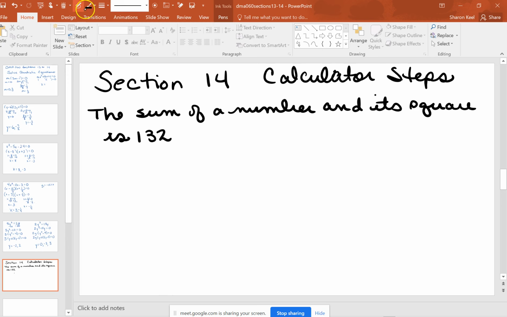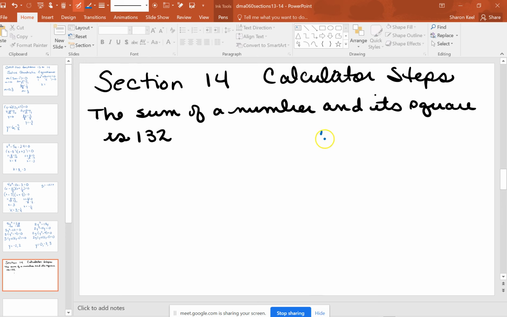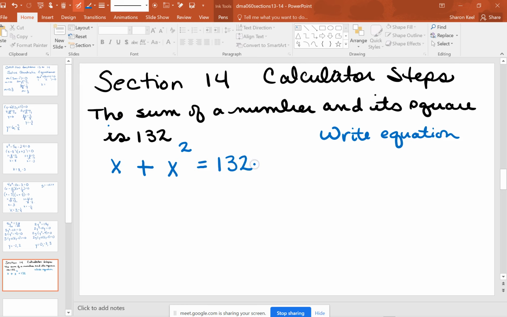So when we have one of these word problems, the first thing we're going to do is write an equation. The sum means we're going to add something. We're going to find the sum of a number and its square. So the number is x. Its square is going to be x squared. We know the word is means equals 132. So I first just write my equation.